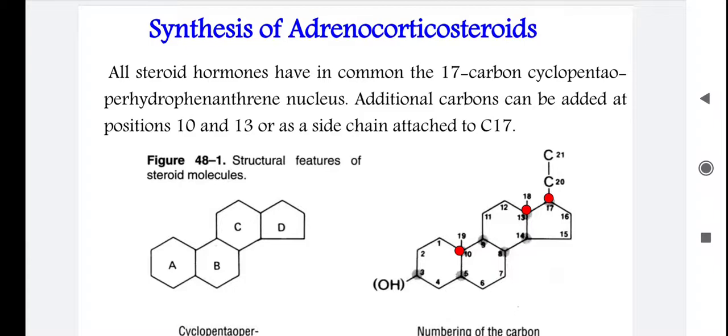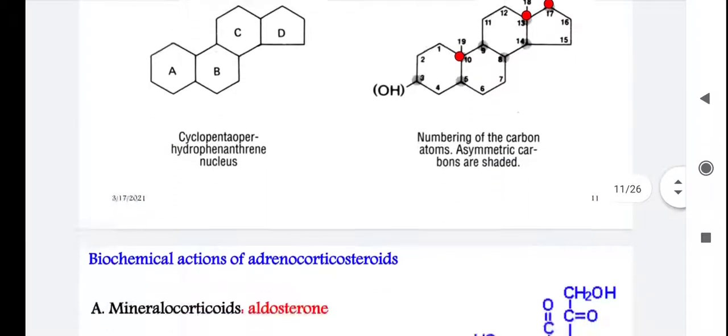So we have a steroid nucleus, which on the left side is composed of rings A, B, C, D. Then the location of the carbon at position 10 or 13 or as a side chain on carbon 17 can give the different structures of the different steroid hormones.